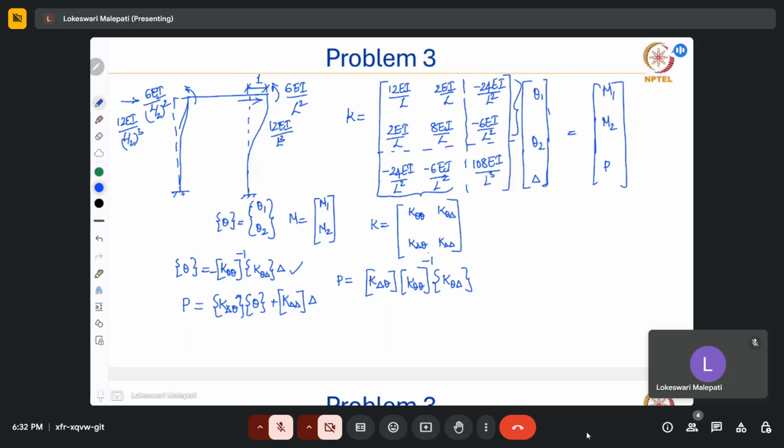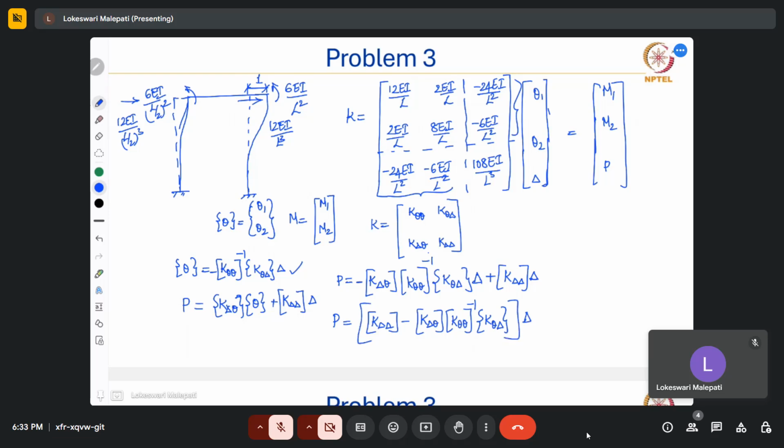So it's actually minus k theta theta inverse. So minus k delta theta multiplied by this value plus k delta delta multiplied by delta. So we have P is equal to k delta delta minus k delta theta multiplied by k theta theta inverse k theta delta multiplied by the delta.